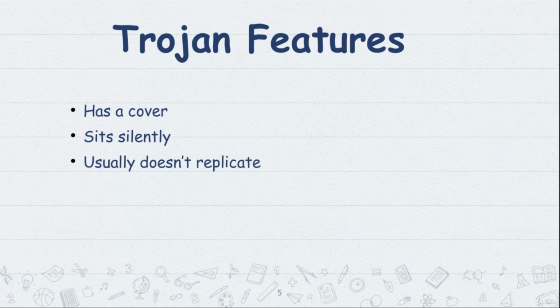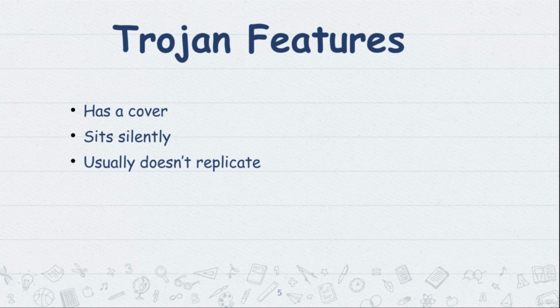And then usually, if you know about viruses, what viruses tend to do is try to replicate all over the system. For example, if a virus is sent to my email and I click it, the virus will immediately replicate itself and try to send itself to all the users in my email list.